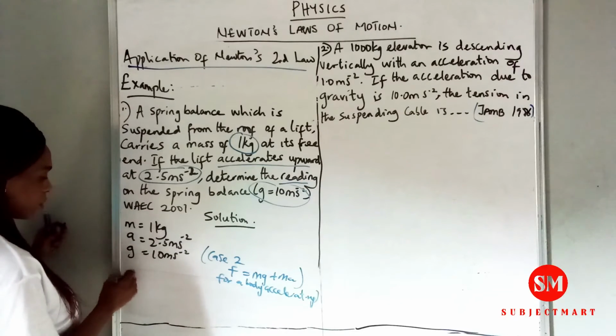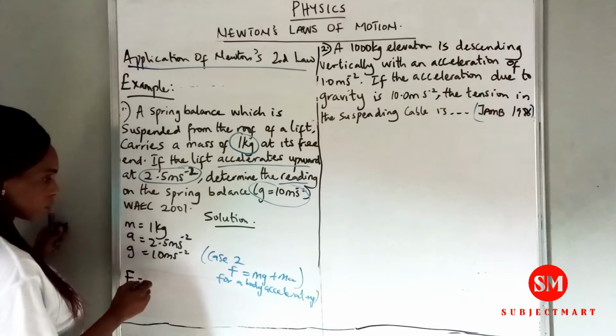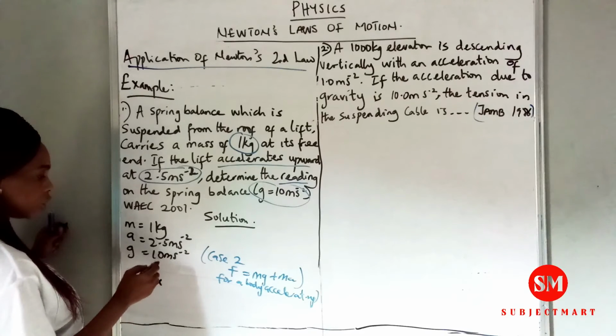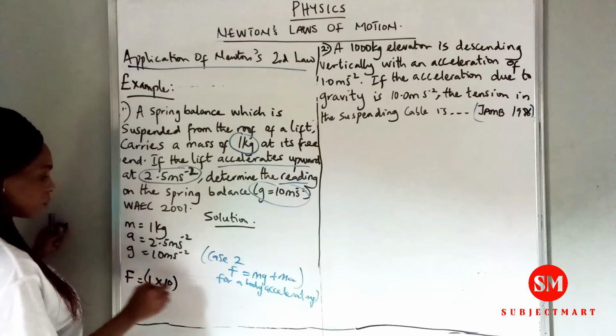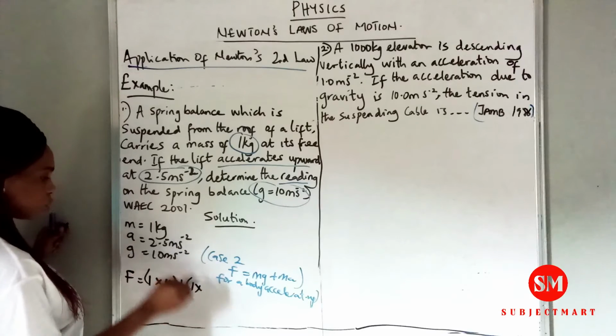So we have F equal to 1 times 10 plus 1 times 2.5.